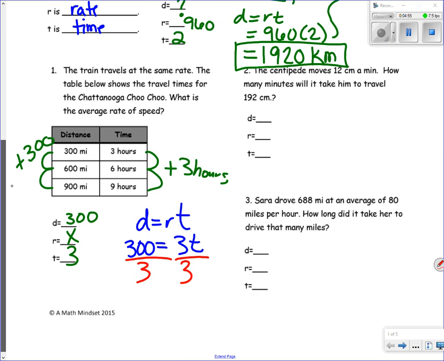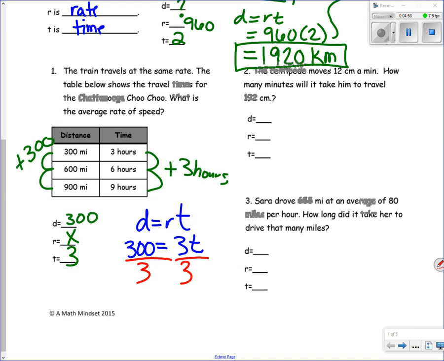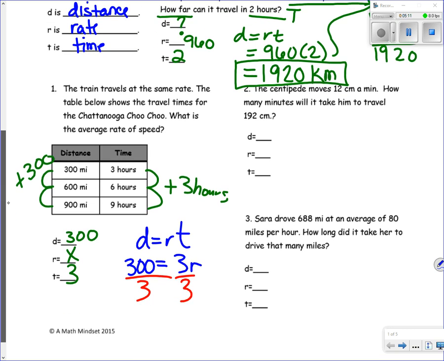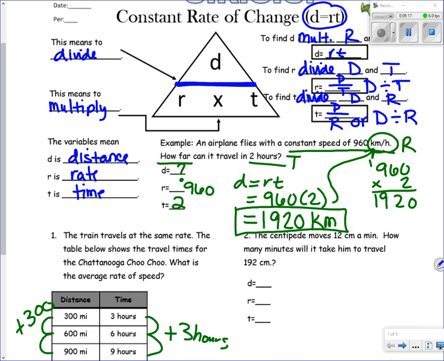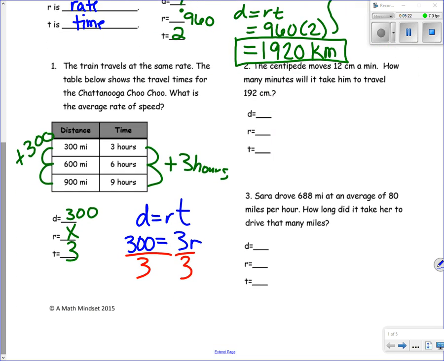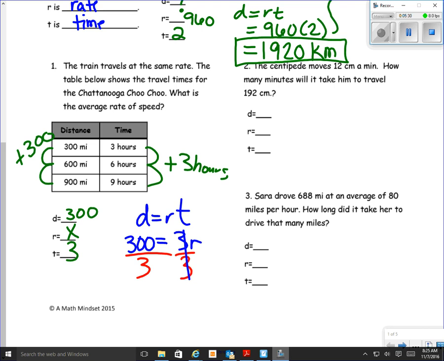And Ms. Nelson pointed out that I should put R, that's R that I'm looking for instead of T. I put the 3 was the T, not the R. So when we go back up here and look, we're dividing, remember, and that's what Ms. Nelson said when you're trying to find rate, D divided by T. So I'm dividing both sides by 3, that becomes a 1, 3 goes into 300, 100 times.